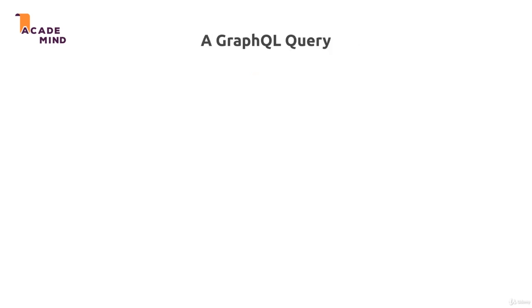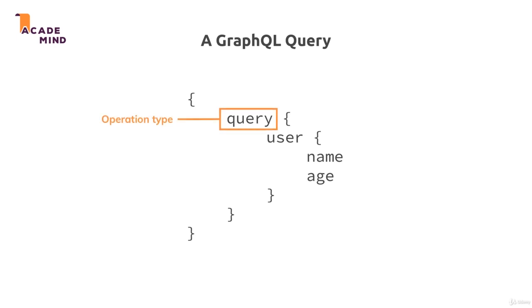Now, such a GraphQL query would typically look something like this. It's a JSON object-like structure where you have an operation type. Query would be for getting data. You also have other types like mutation for editing or deleting or inserting data, or subscriptions for setting up real-time data subscriptions using WebSockets.